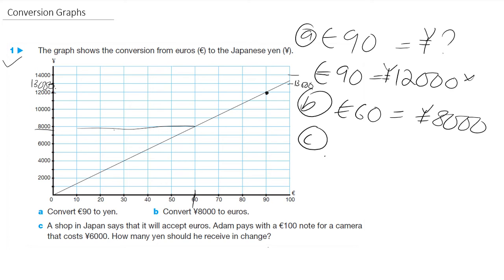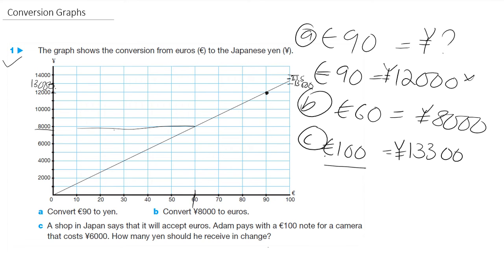But you can see that it's a bit before 13,500, so you can simply say that 100 euros equals an estimated value of 13,300 yen, because it's between 13,000 and 13,500.